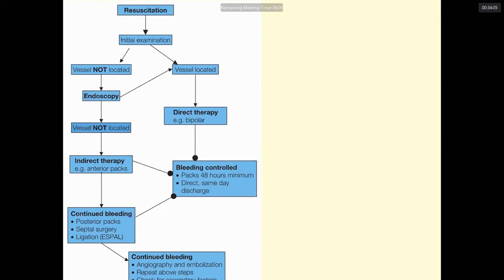Bipolar is like a forceps, connected to a machine called the cautery machine. If there is any small artery bleeding or venous bleeding, we just put it here and the bleeding is stopped by the electric current. It will be charred and burned, and then the bleeding will stop. That is bipolar cautery, not the bipolar that you read in psychiatry. It is as simple as that.